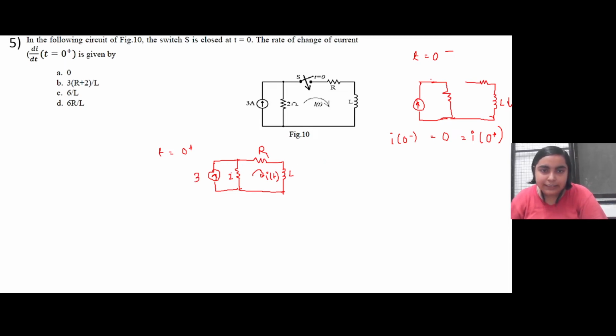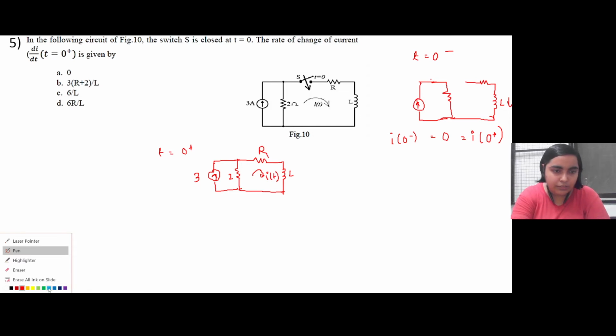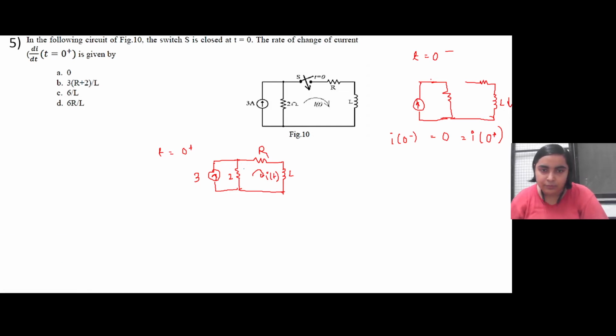Now if you consider this particular 2 ohm resistor, what can you observe? So 3 ampere will come like this. It should ideally get distributed between these two branches, but at time t equal to 0 plus, the inductor will oppose the change of current flow, so it will behave as if it is an open circuit.